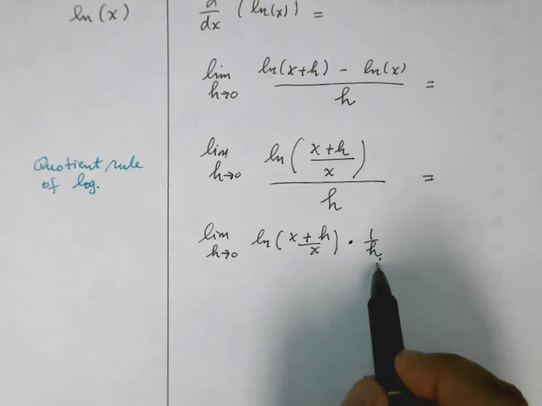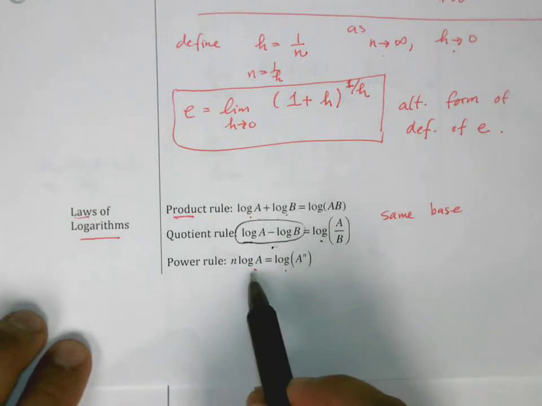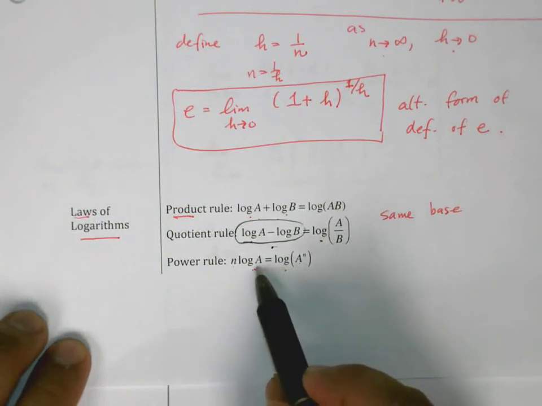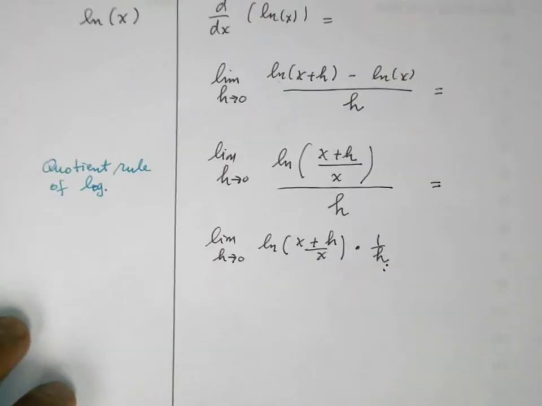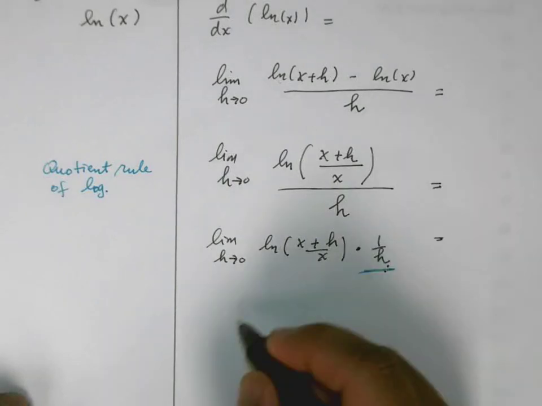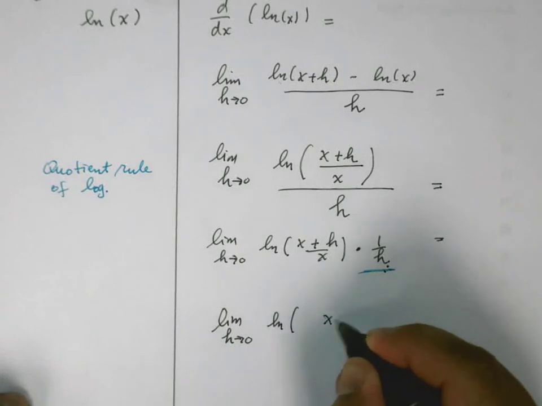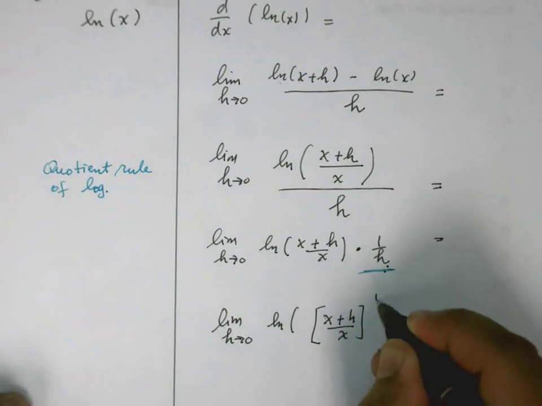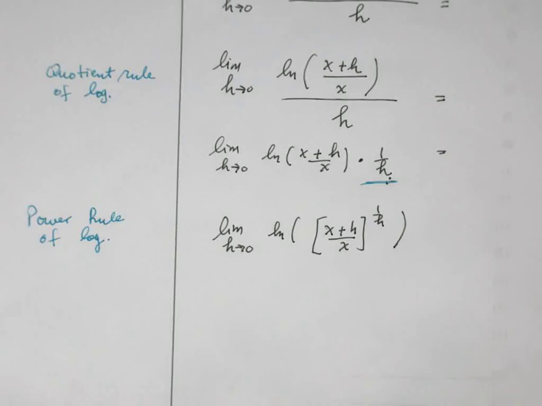If you remember the power rule of logs, a number times a logarithm is equal to the logarithm of the inner part raised to that number. So here we are multiplying by 1 over h, so this becomes the limit as h approaches 0 of the natural log of x plus h over x, all of this raised to the 1 over h power. And again, this is the power rule of logs.